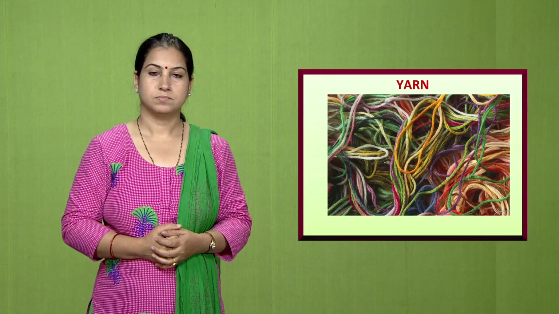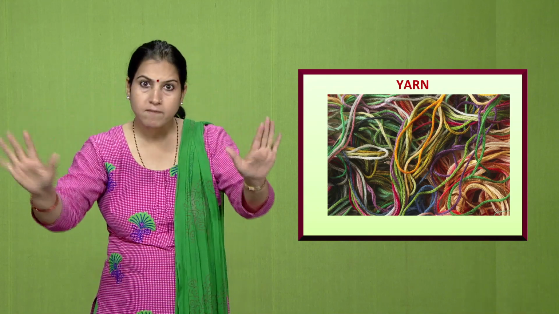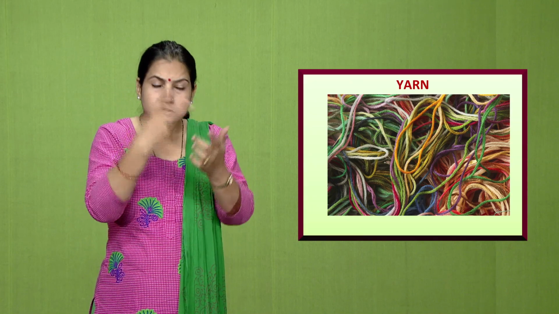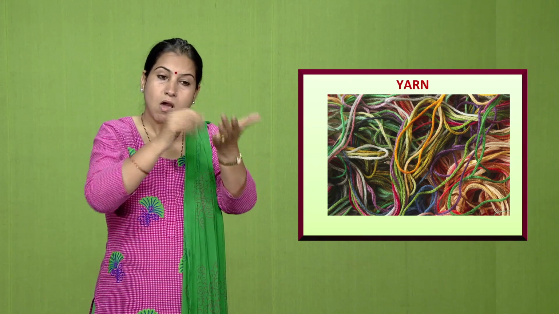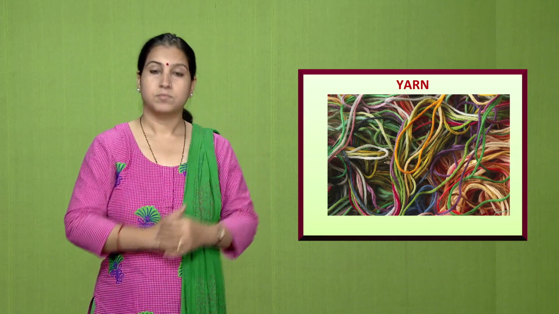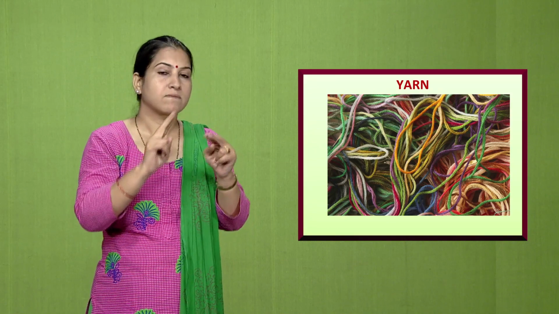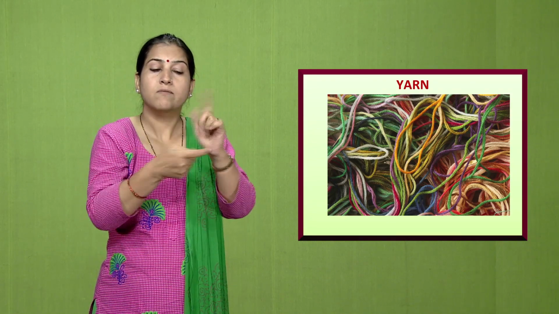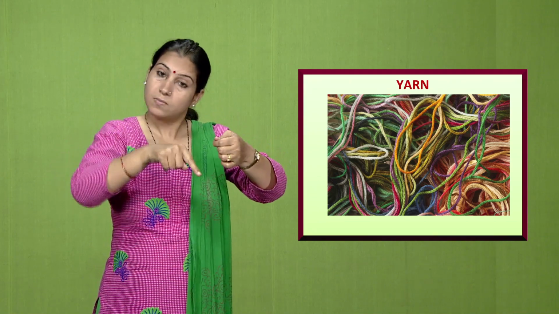There are various kinds of yarns, and if you see the fibers twisting together to form a yarn, you will understand the fibers of which the yarn is being made and how they are twisted together to form it.